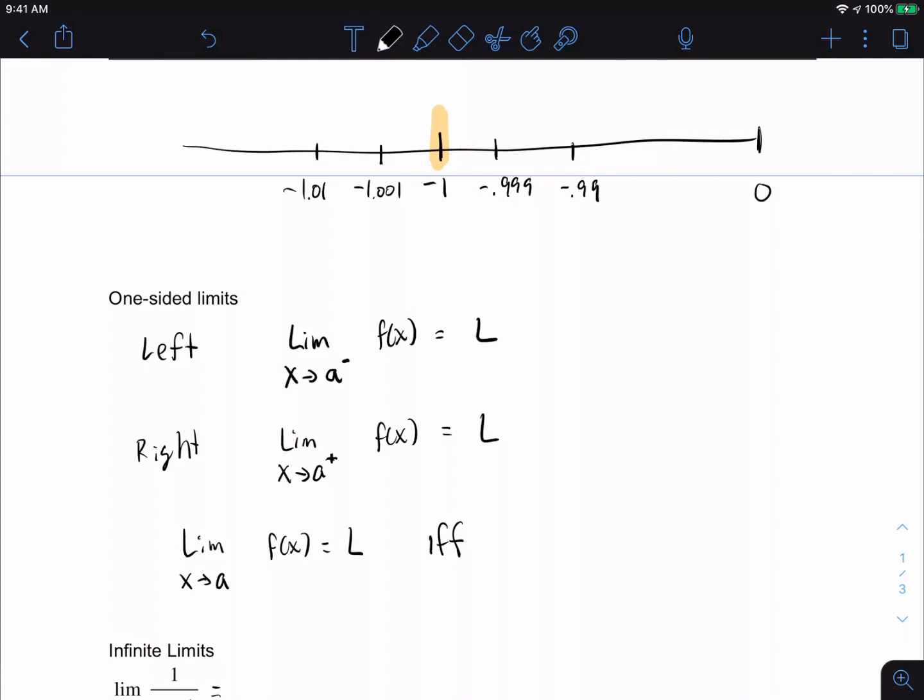The only way this can happen is if and only if the limit as x approaches a from the left of f of x is equal to L, and the limit as x approaches a from the right of f of x is equal to L. So the only way that we can have this is if the two one-sided limits equal the same value.